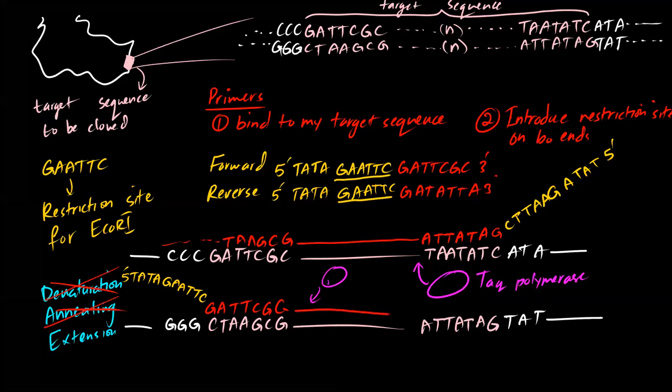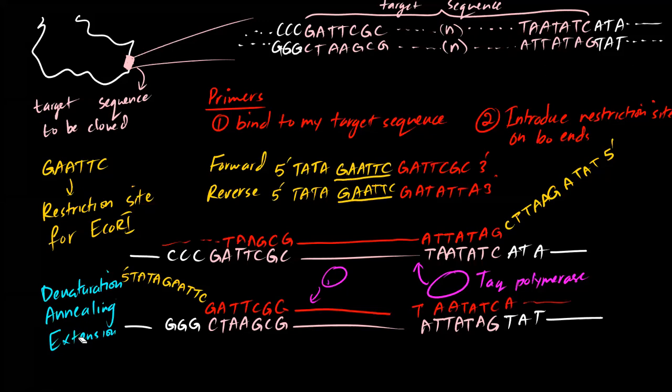The polymerase will make a strand, and then here we have a T, A, T, T, C, A, and it will continue. And after several rounds of extension, so this is in just one cycle.